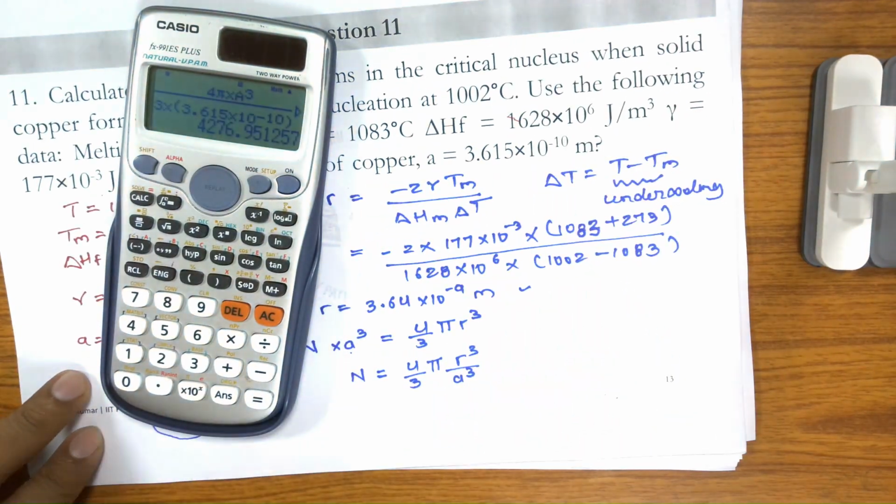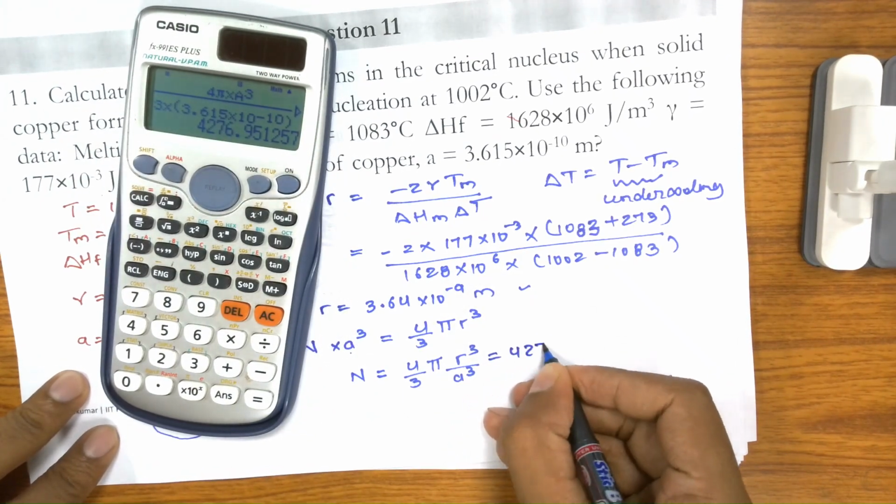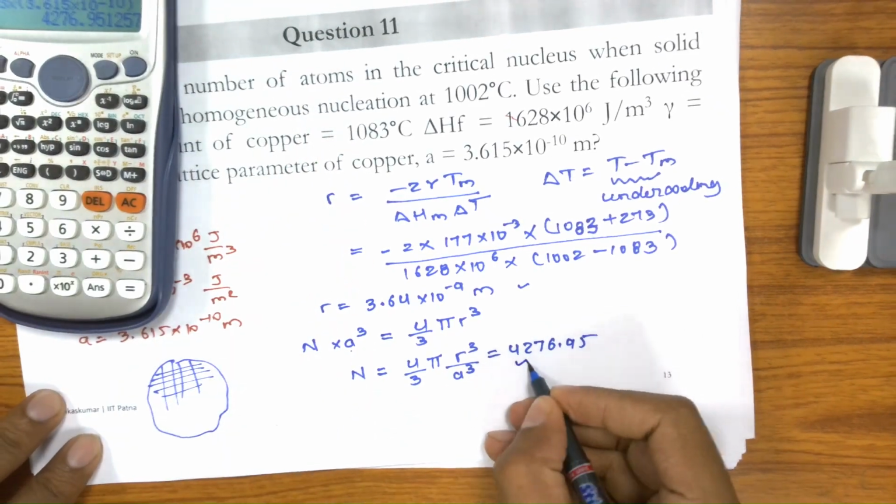So from here we got this value to be 4276.95. This is the number of unit cells present.